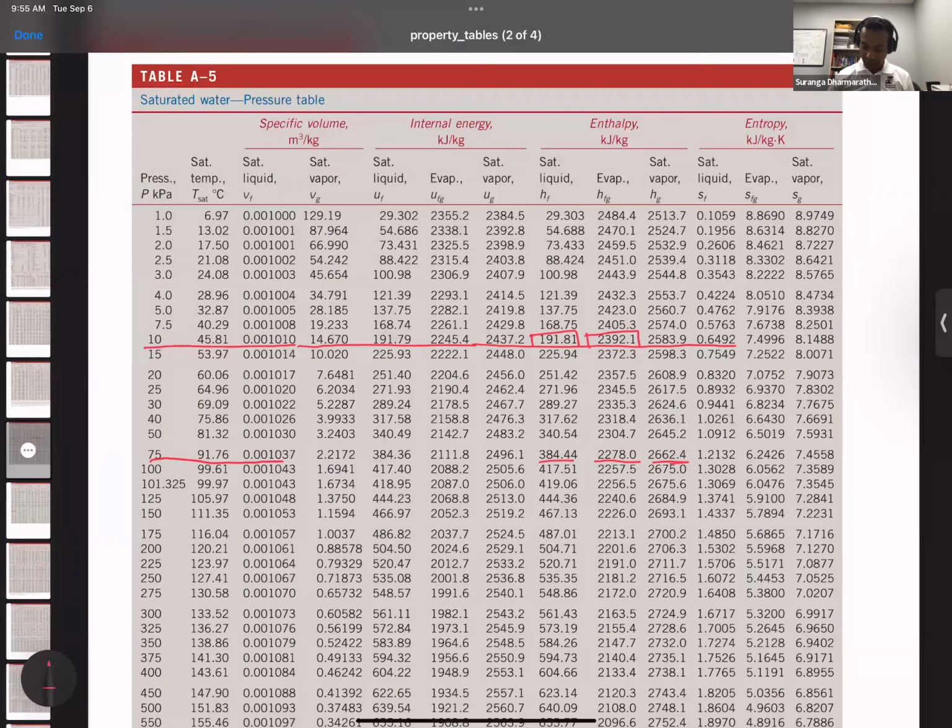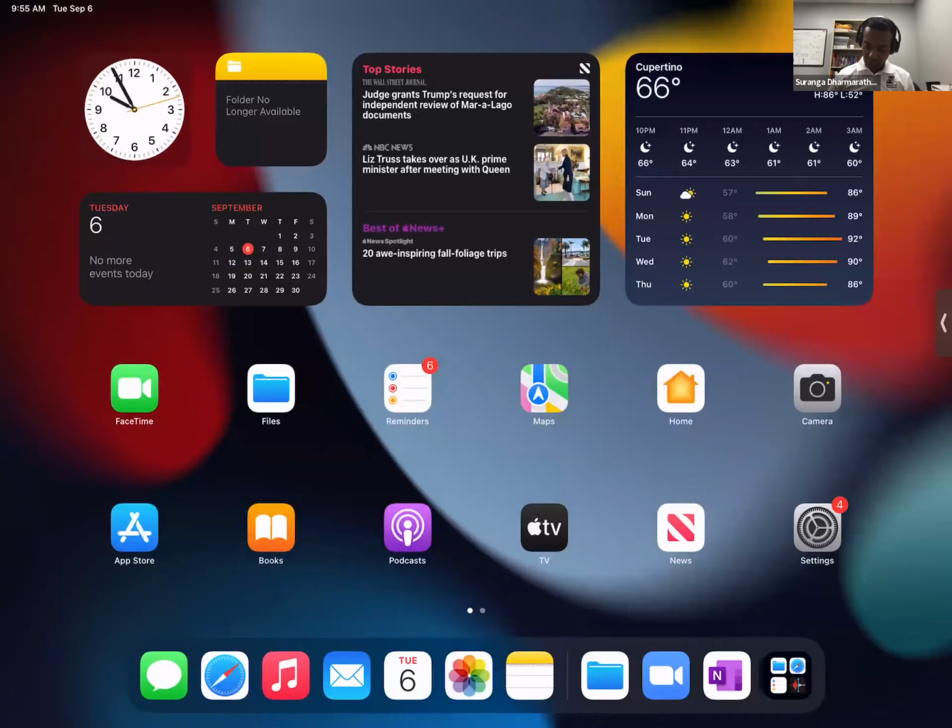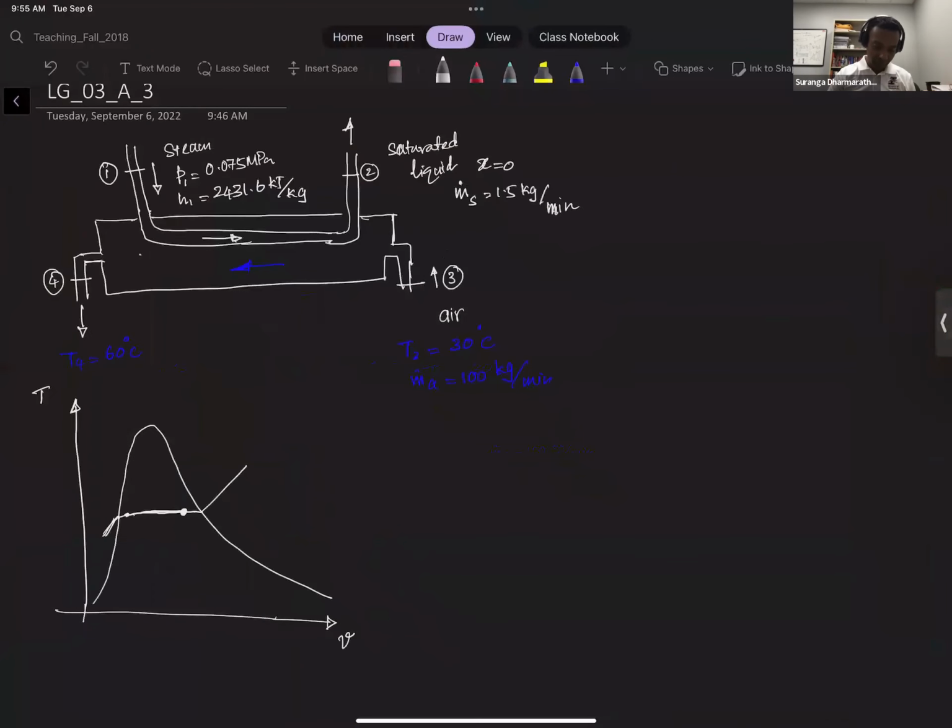So the given value is 2431.6, so it's between, so it's here. That's state 1, and state 2 is at the saturated liquid region. So this is 75 kPa, 1 to 2. And for air, it's also a constant pressure process.